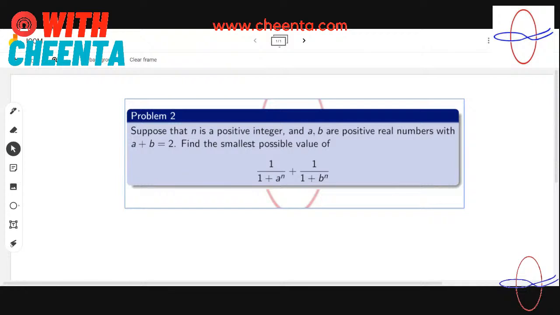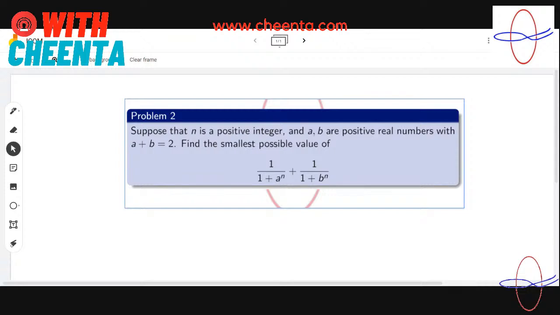Mm-hmm. So think about it now. How are you going to deal with this? Why can we take a is equal to 1 by b?